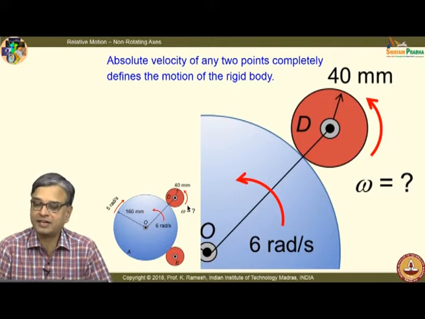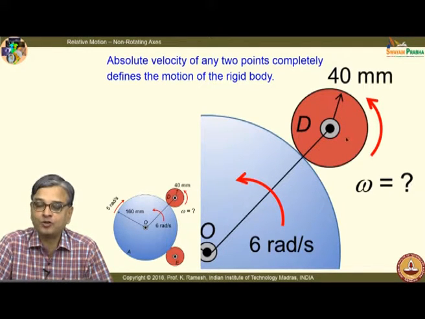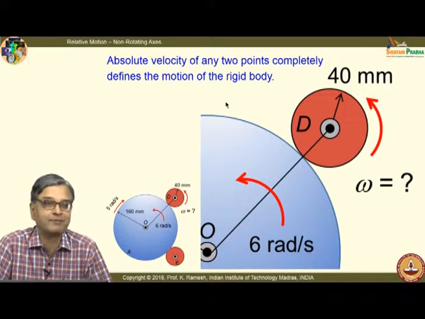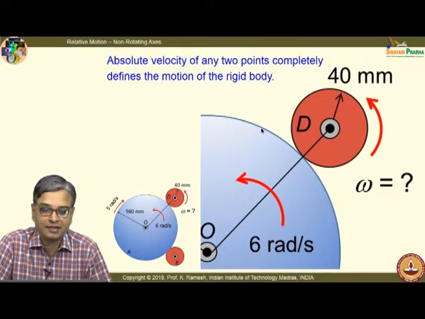Let me set the goal: I have to find the angular velocity of this gear D. My focus is to find the absolute velocities of this gear at two different points. Which points can I find the absolute velocity of from the given problem statement? You have a blue gear, you have a sector.